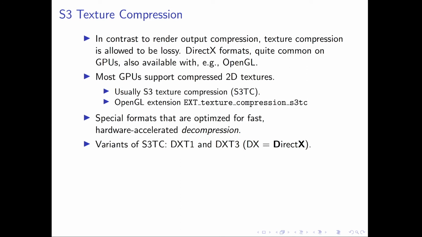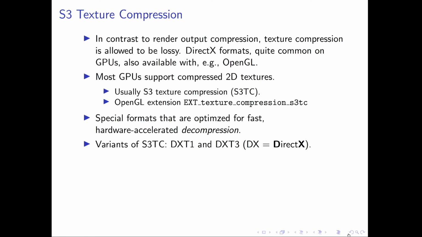Those formats found wider adoption when they were integrated into DirectX as part of the DirectX ecosystem. But it is nowadays also exposed in other APIs, like OpenGL, for instance. And there are different variants of these hardware accelerated lossy compression formats, like the DXT1 and DXT3 formats.